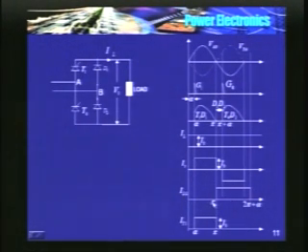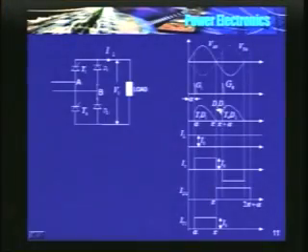So D3 starts conducting at pi plus, and continues to conduct till 2 pi plus alpha. Please correct it. This is D2, this is D2, and this is D3. D2, D3, D2, D3. Whereas the thyristor conducts from alpha to pi itself.